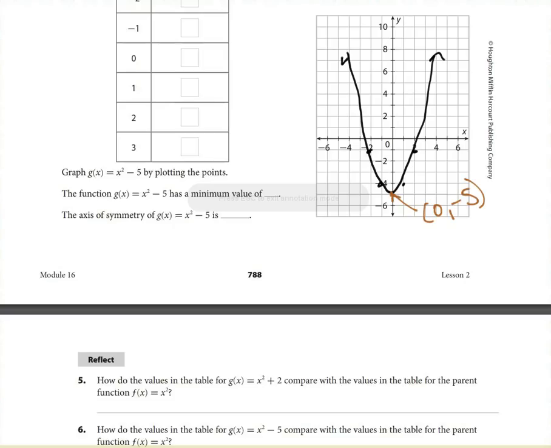And therefore we can say that it has a minimum of negative 5. So the y coordinate is what would be considered the minimum, and it occurs at x equal to 0. So this function has a minimum value of negative 5, and that minimum value occurs when x is equal to 0.